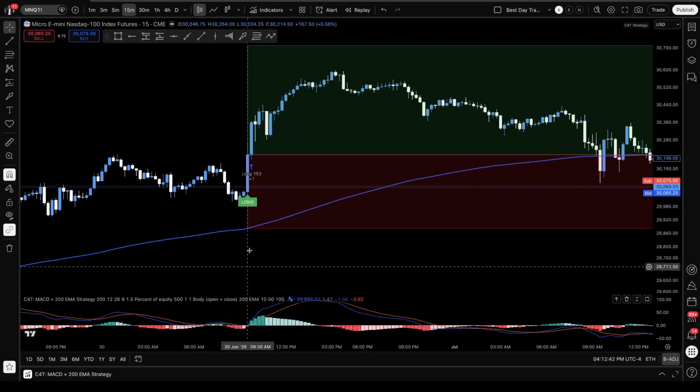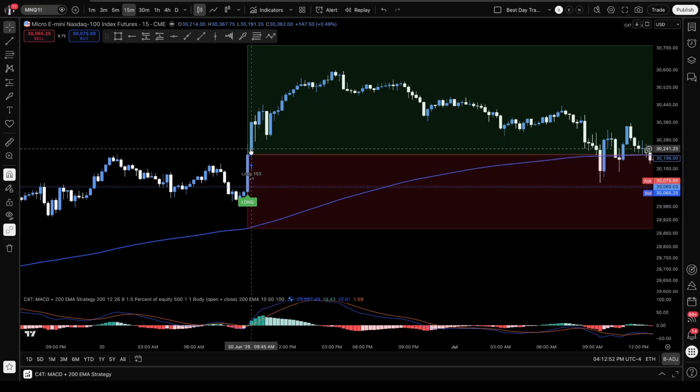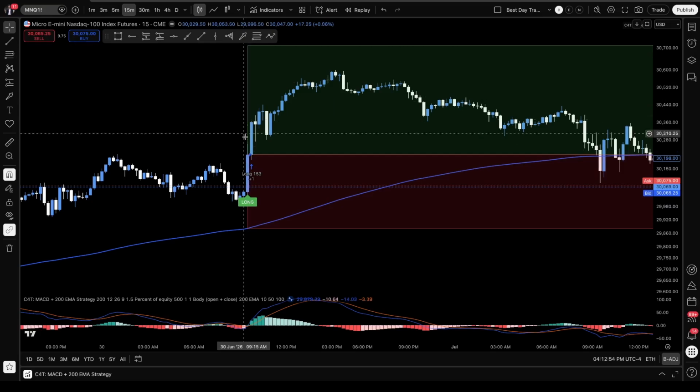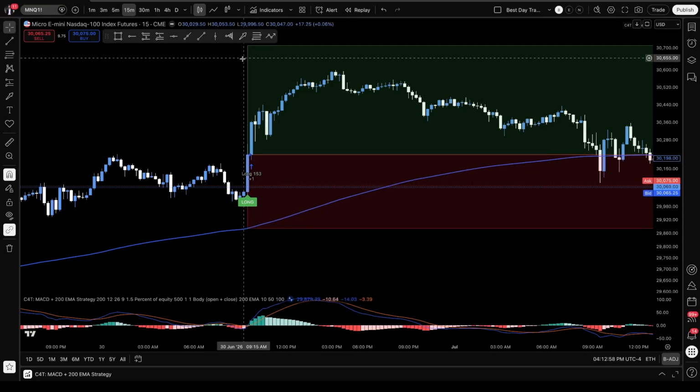That will be the perfect signal. Once you enter, your stop loss needs to be at the 200 moving average, and the take profit will be 1.5 from there. So for every 100 you risk, you'll be making 150.